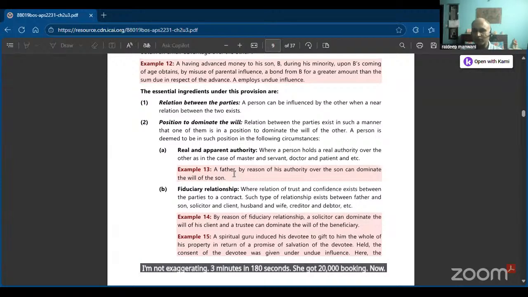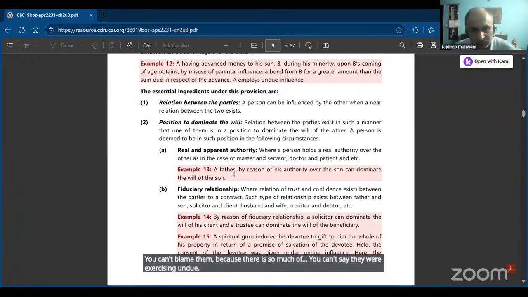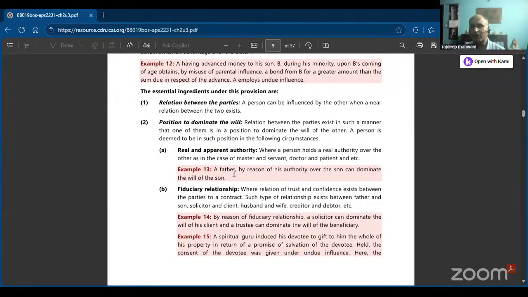Book My Show very cleverly kept some tickets out: they sold 18,000, and the remaining 2,000 tickets they'll sell at a premium. You can't say they were exercising undue influence. You didn't book at that time, your problem. Correct or no?